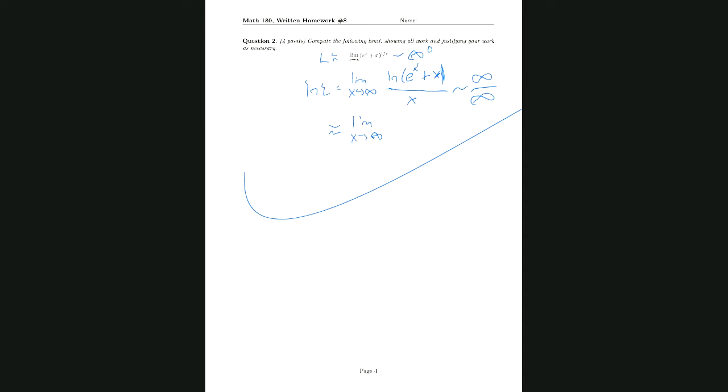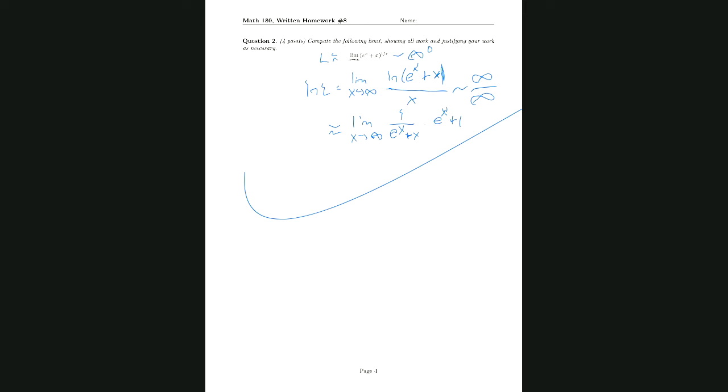1 over e to the x plus x. Then using the chain rule, you get e to the x plus 1. And then the denominator is just 1. Right. So yeah, exactly.